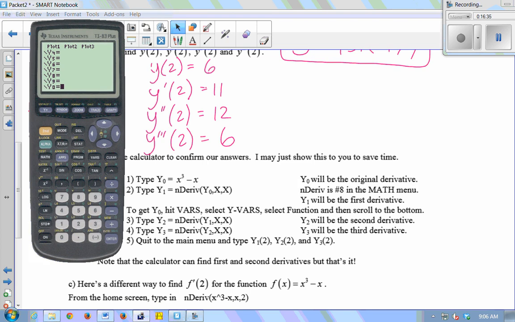And then the number of primes will match the subscript on the y. So I have x cubed minus x. That's my y. And then I'm going to go up to y1, which is going to be my y prime. And instead of typing in the formula that I could get in my head, I'm going to type in nderiv, which is in the math menu.